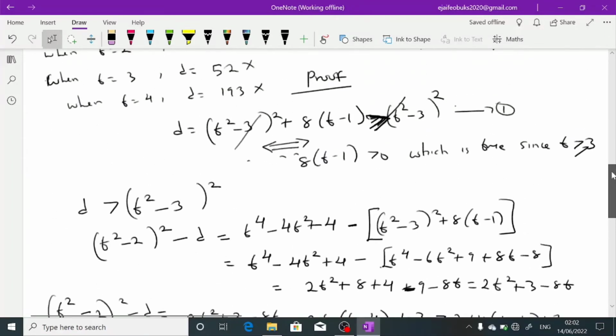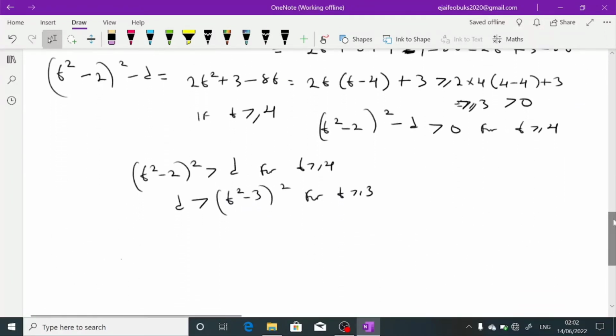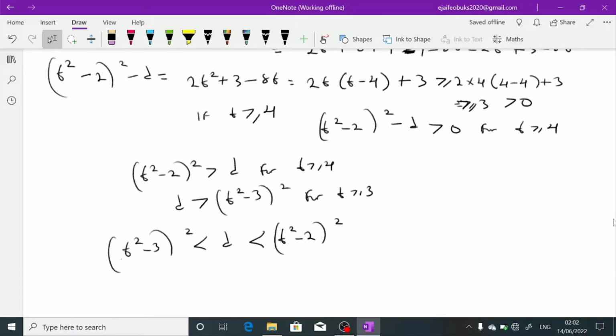Yeah, we already proved this. So we have something like t square minus 3 all squared is less than d is less than t square minus 2 all squared. So let's just adjust this bound to make this greater than or equal to 4.